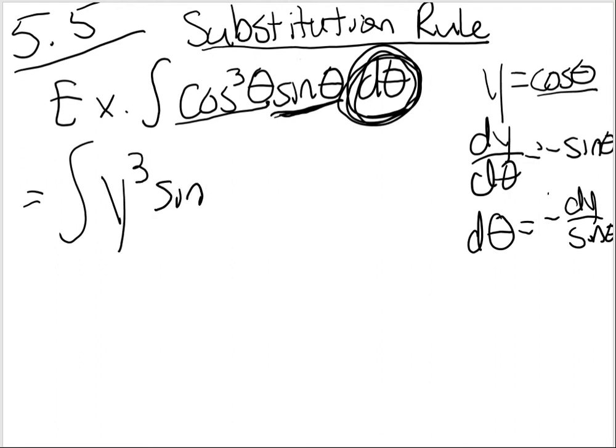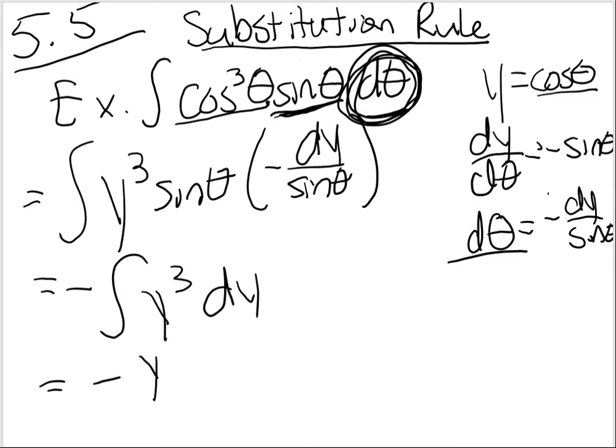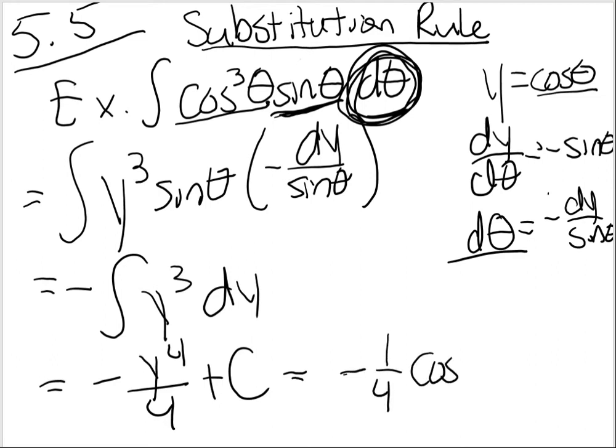And then sine theta, substitute in for d theta, you get negative dy over sine theta. So this is going to be negative, you can pull the negative out, y cubed dy, and you can integrate that. That's negative y to the 4th over 4 plus c, or substitute back in, negative 1/4 cosine to the 4th theta plus c.